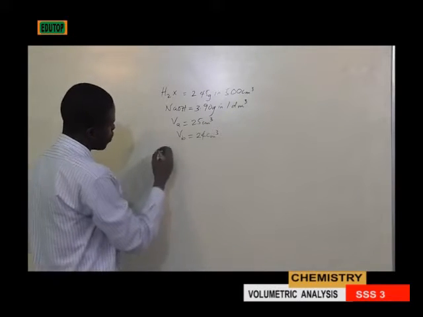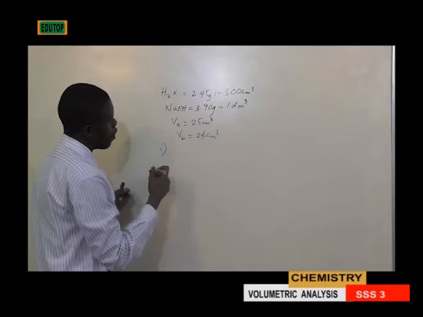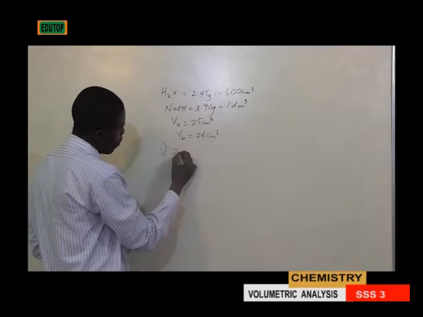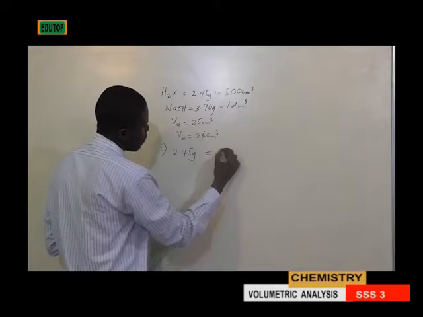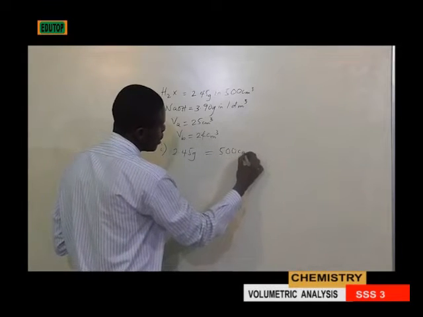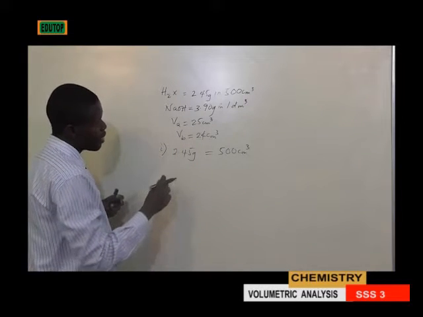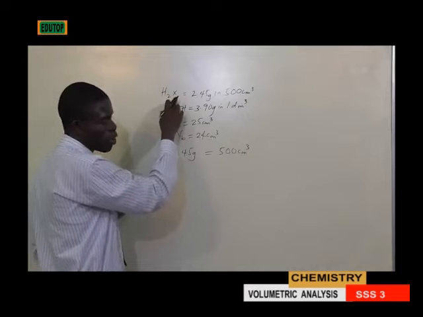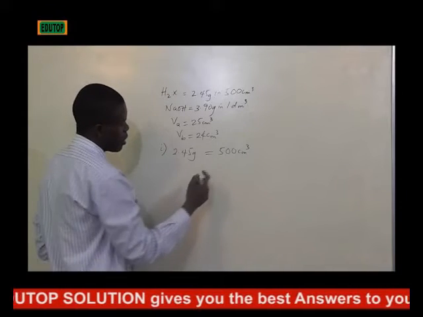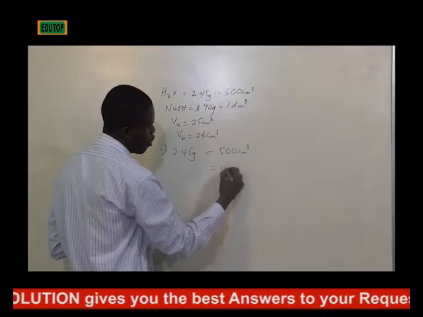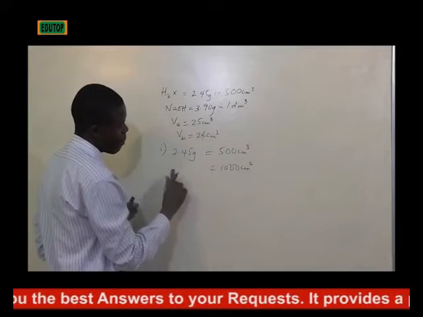In order to do that, the answer to question 1 of 2 is 2.45 gram requires 500 cm cube. To calculate the concentration of H2X, which is the acid, in gram per dm cube, it has to operate on 1000 cm cube. We want to determine the mass at that point.